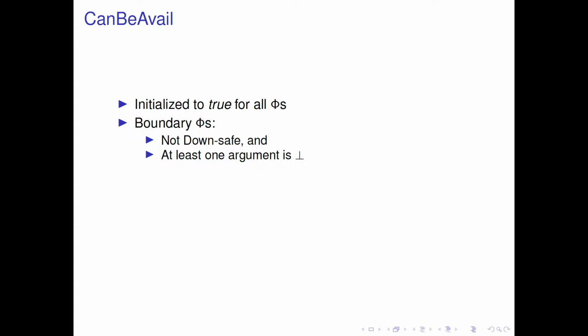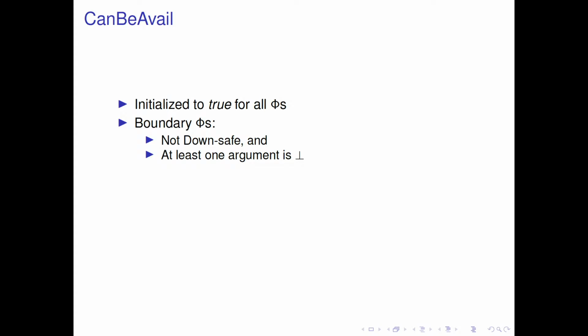So in some block, I have a phi where one of the arguments is bot. What this argument says is that along this second path, E is not computed, which means from entry along this path, E is not available.